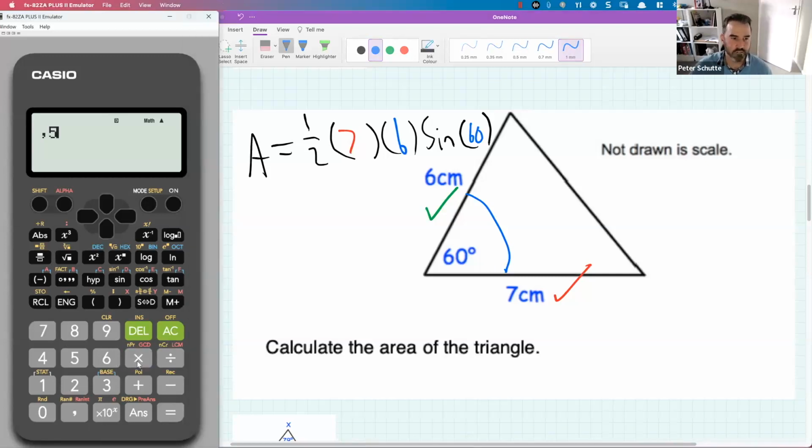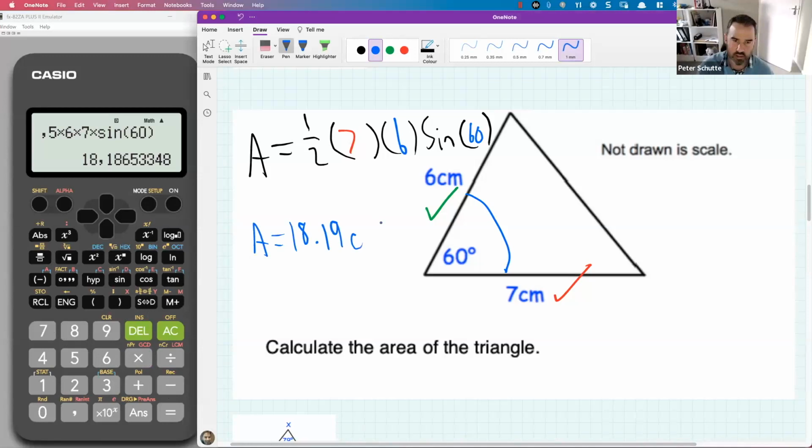The half, 0.5 times 6 times 7 times the sine of the angle in between. And if you get this funny looking thing, I hit the SD button, and then you should get 18.19, and this will be centimeters squared.